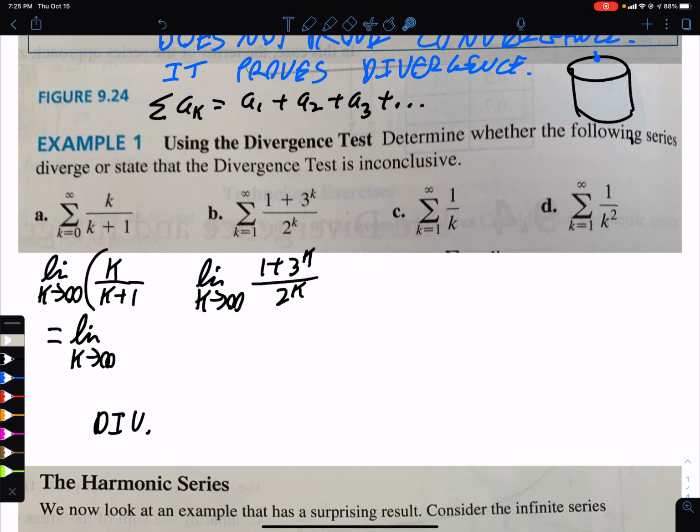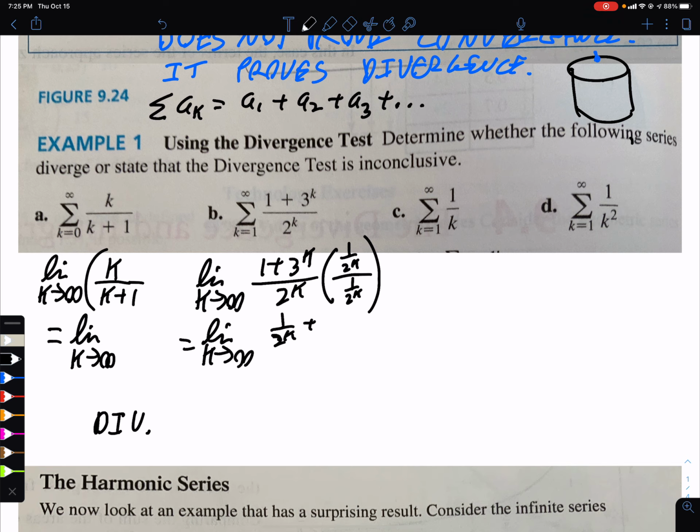We can see what happens with that. Honestly, I'm not even sure where that will get us at this point. Then we would get this: 1 over 2 to the k plus 3 to the k over 2 to the k over 1.